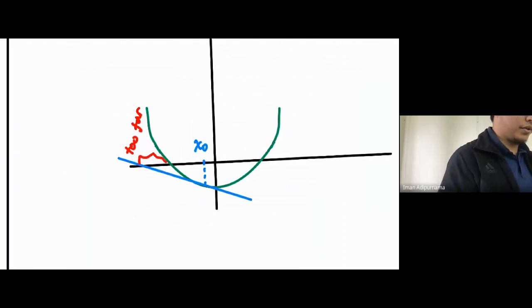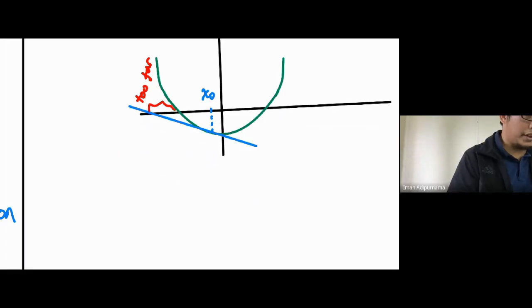Maybe the graph is not too clear, but what I did is I make this x0 and make the tangent line. It's too far from the function, and when it's too far, you will not get another x1. You cannot approach more.